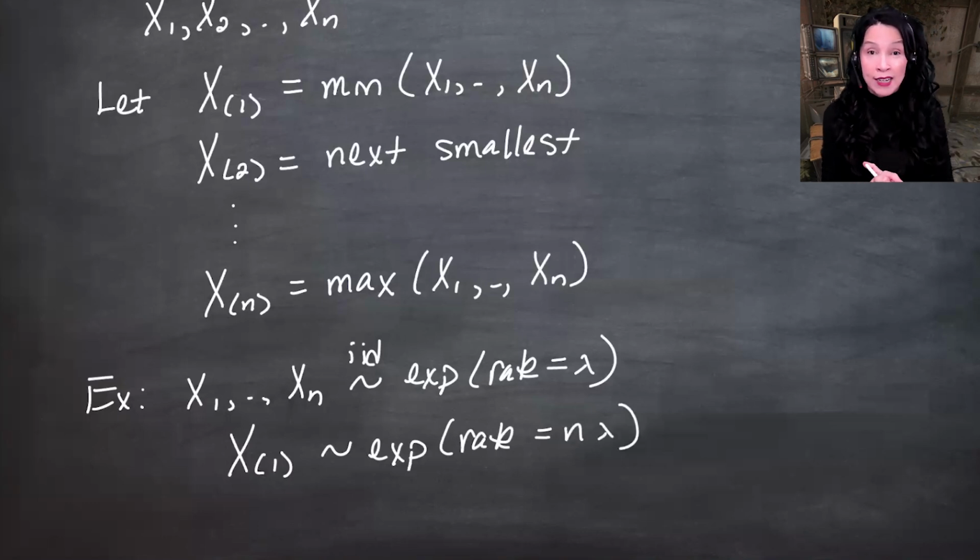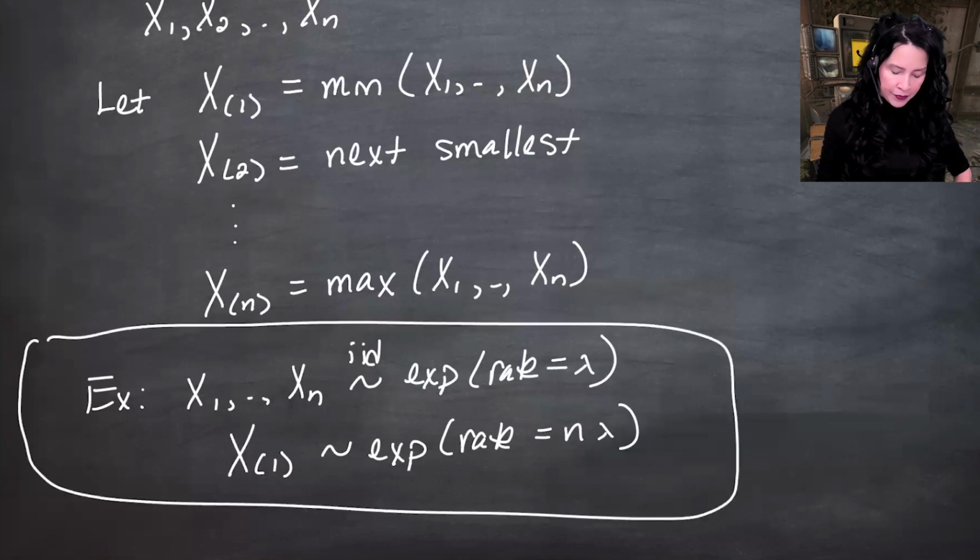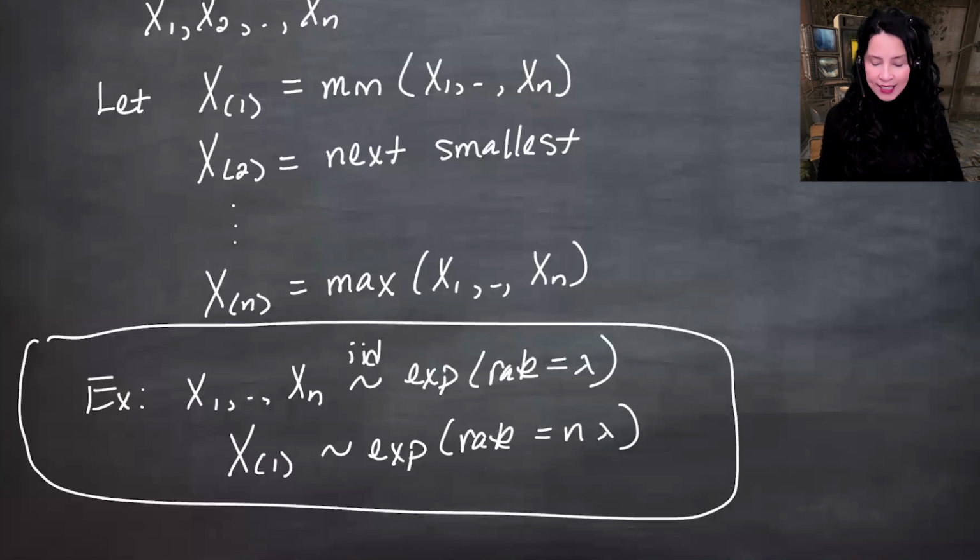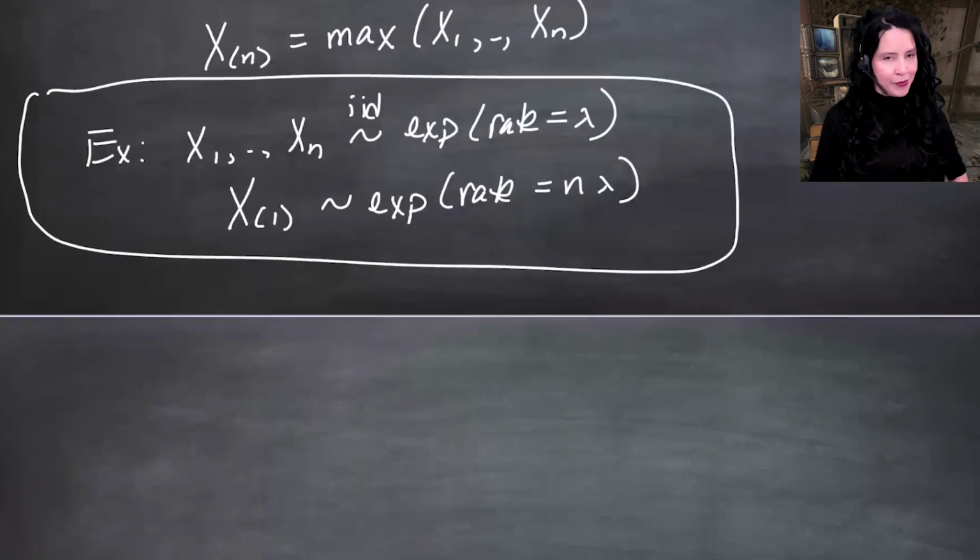As with many of my examples so far, this is not just an example, but something we're going to need a lot of for this course. We're going to use this result over and over and over again. And so you'll probably have to see it several times until it sticks, because again, I'm not a fan of memorization. But eventually, you will have no choice but to just know that the minimum of exponentials is exponential and know what the new rate is. Okay, so we've got a maximum to talk about.